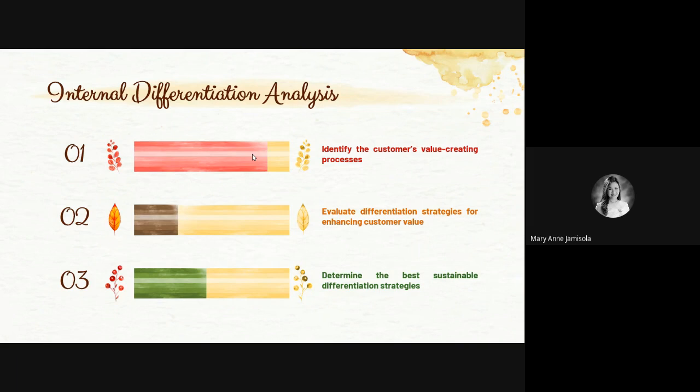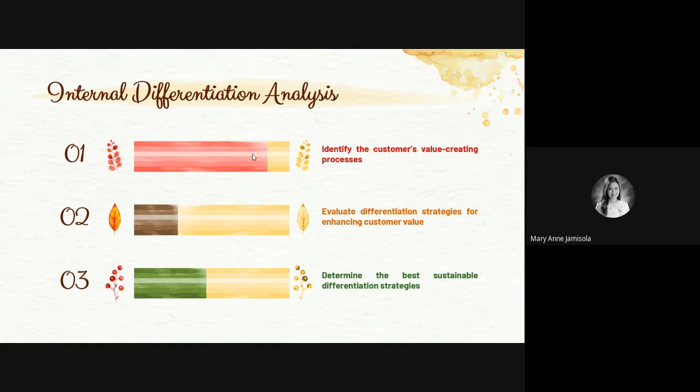The firms must identify and analyze the value creating process and carry out a differentiation analysis. How? First, we have to identify the customer's value creating processes. Second is to evaluate differentiation strategies for enhancing customer value. And third is to determine the best sustainable differentiation strategies.